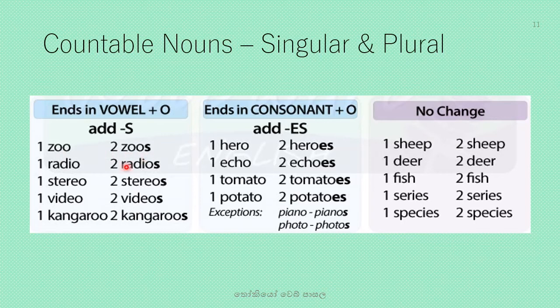Radio. So here I is a vowel, O again a vowel. So we have two vowels. In that case, we have to add only S. Radios. Stereo, stereos. Video, videos. Kangaroo, kangaroos.